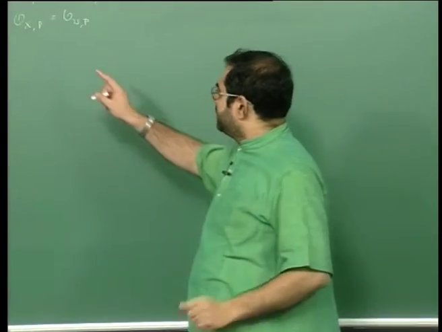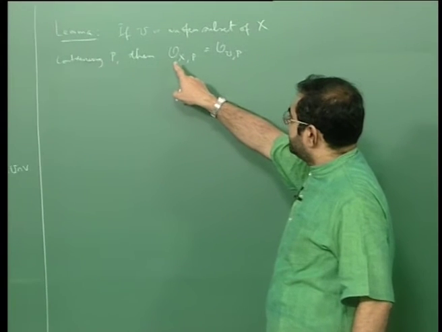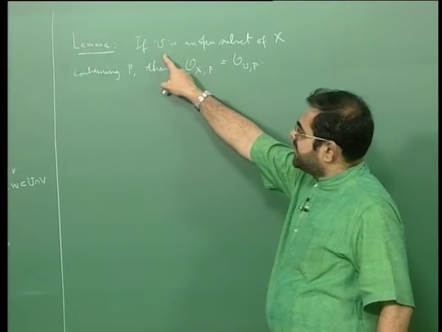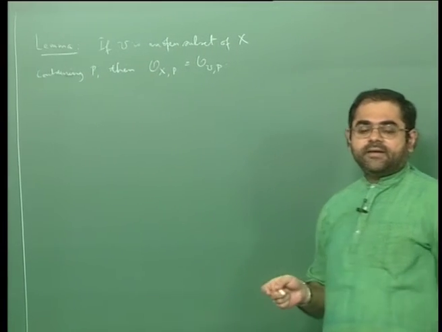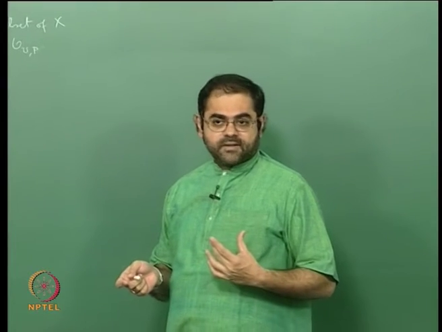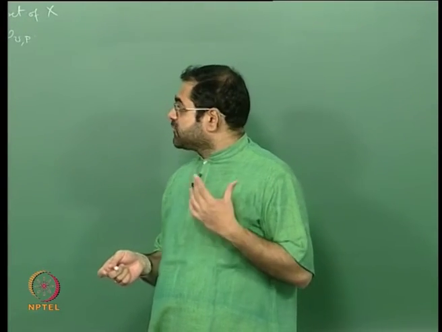So if the point P of your variety is lying in an open set U, then of course U is an open subset of a variety, and U contains the point P, so it is non-empty, and it is of course irreducible.